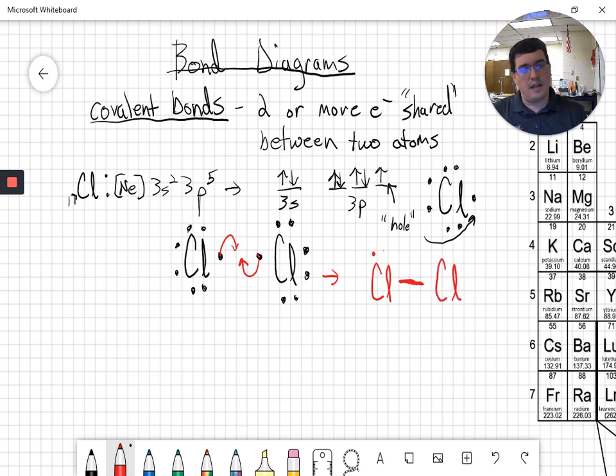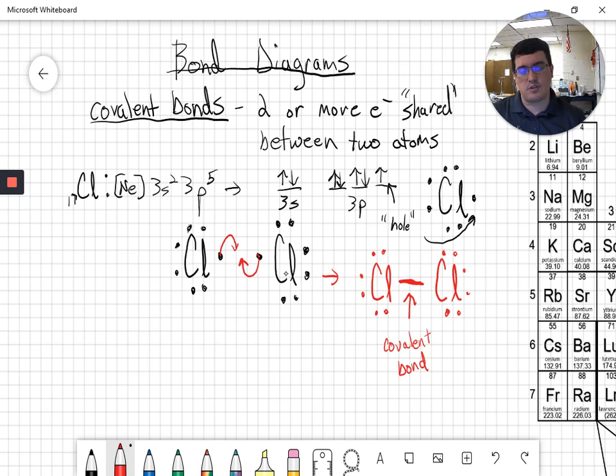There's a single line between the two. And that is a covalent bond, right? And that is how we draw it. A line represents a covalent bond. They are sharing 2 electrons. All right, that's how I want you to know it. That's how I want you to see it drawn.